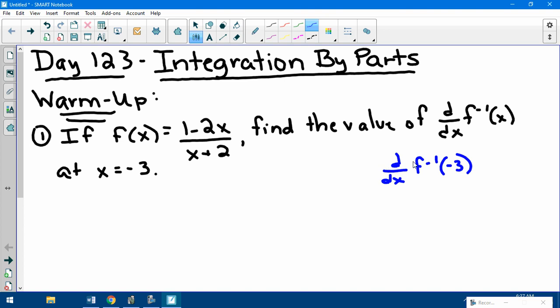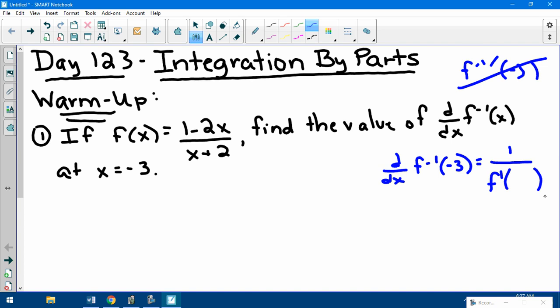And the only reason they write it like that is because how ugly does this look? F inverse prime of -3, ugh, nope. That's why I usually use g. When we did this before, we said let g equal f inverse. Okay, anyways, derivative of f inverse of -3 should equal 1 over f prime of something.